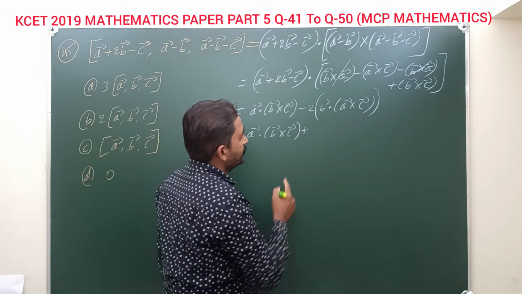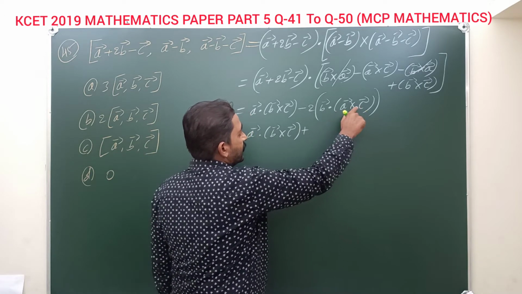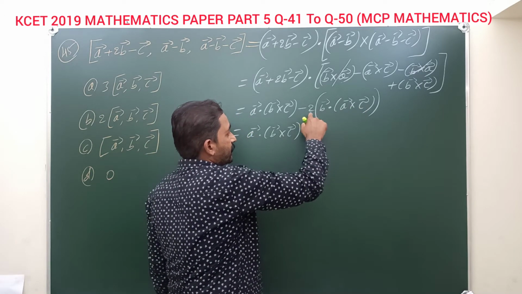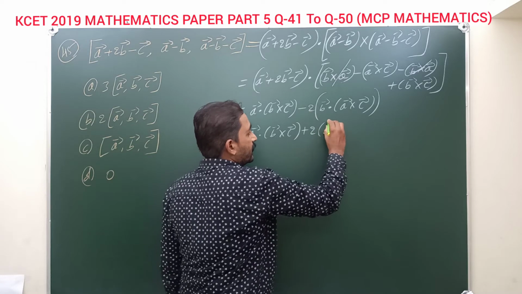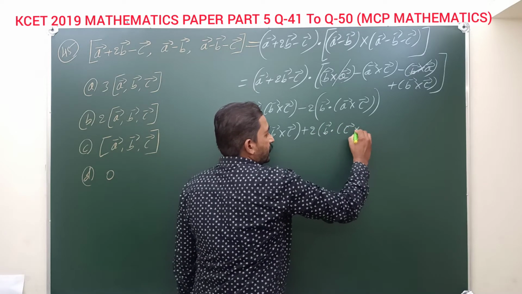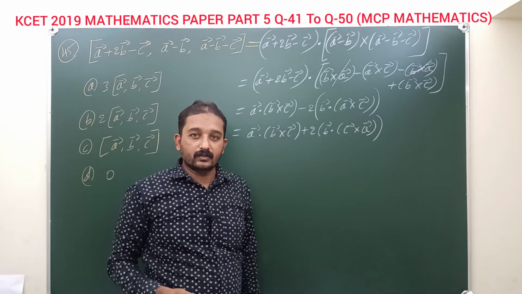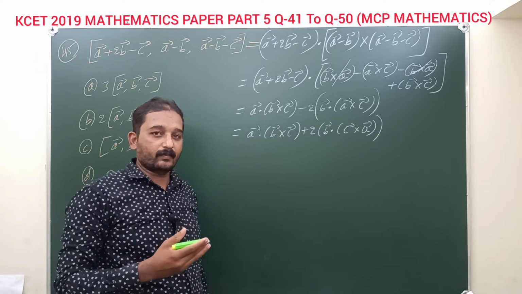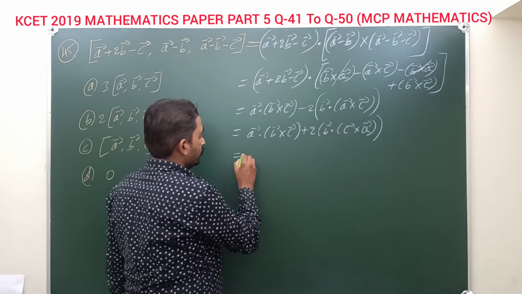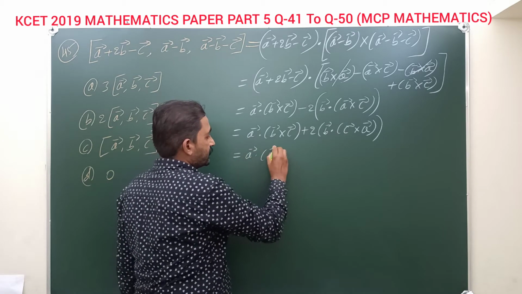In this case C cross A, since A cross C can be written as C cross A. Minus can be taken outside, minus into minus plus 2 into B dot C cross A. If the vectors are in cyclic order, the value of the scalar triple product is the same. So here A dot B cross C.